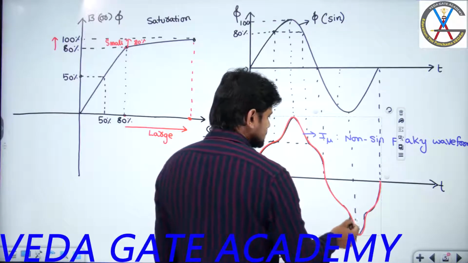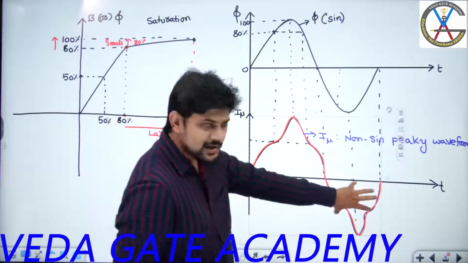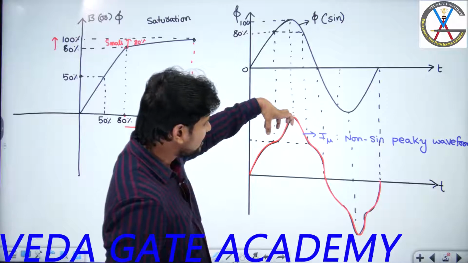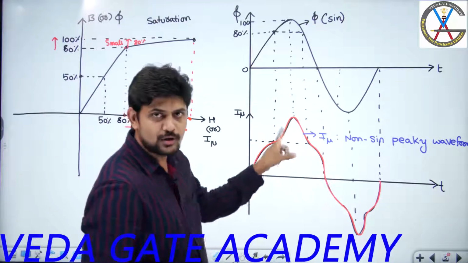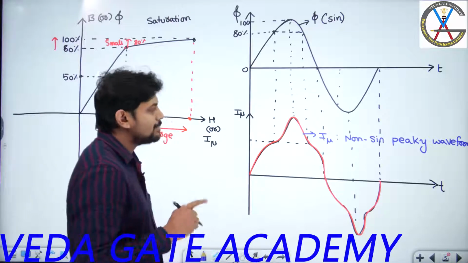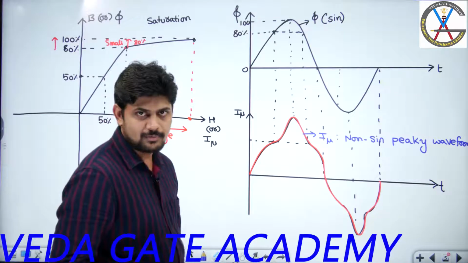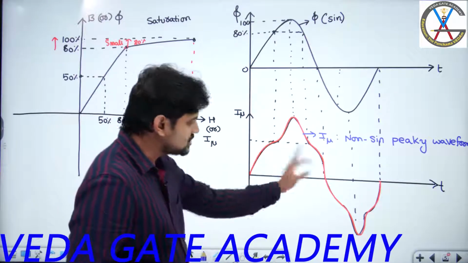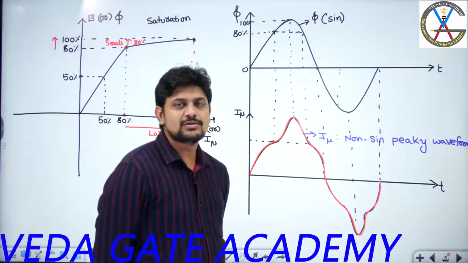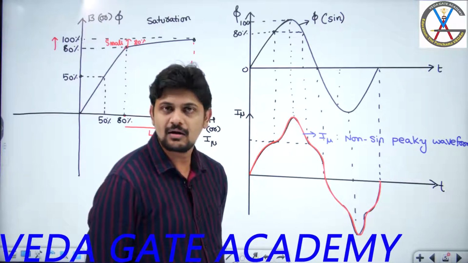If I reflect this particular shape and match it with the upper half cycle shape, both are exactly matched with each other. So the magnetizing current, which is non-sinusoidal, is a symmetric waveform. It is a non-sinusoidal shape as well as symmetric. For any symmetric non-sinusoidal waveform, Fourier series analysis gives odd harmonics.